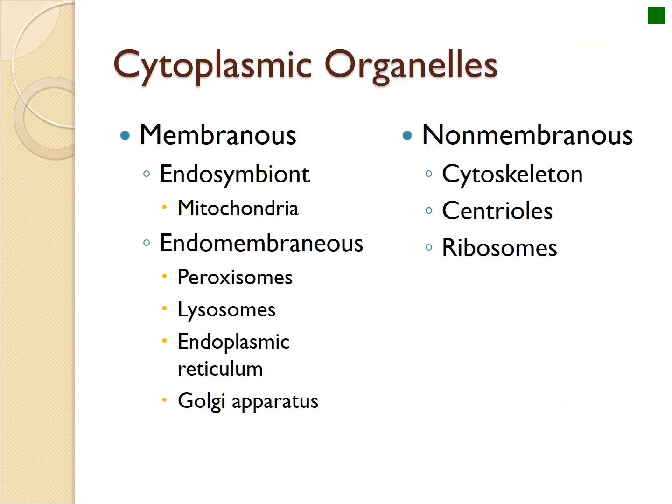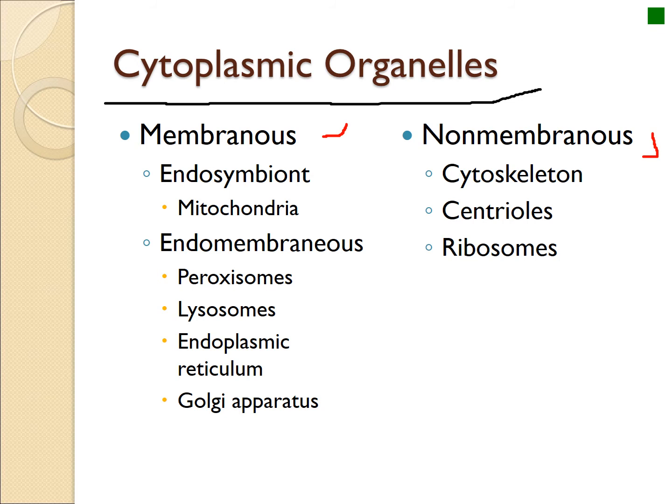So let's take a brief overview of the cytoplasmic organelles that we find in a typical human cell. We can see again they can be broken down into what are called membranous organelles, which just means that these are organelles that are surrounded in a membrane of their own besides the cell membrane, and then of course the non-membranous organelles, which are just kind of independent entities and are found within the liquid part of the cytoplasm.